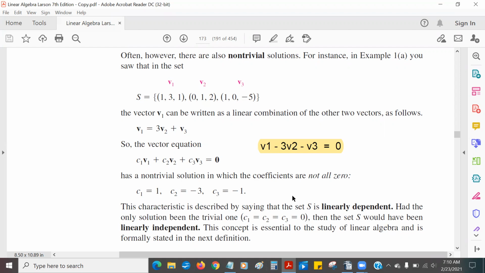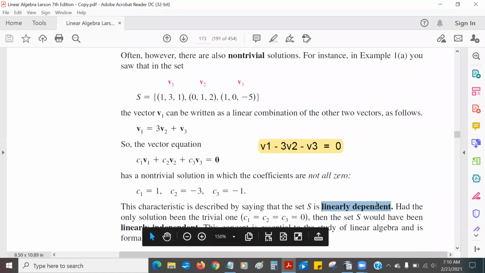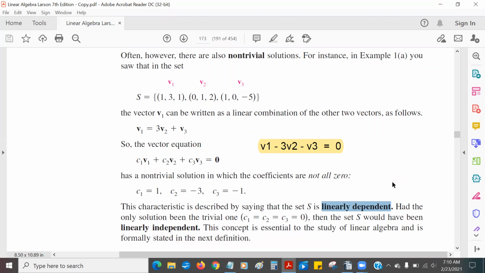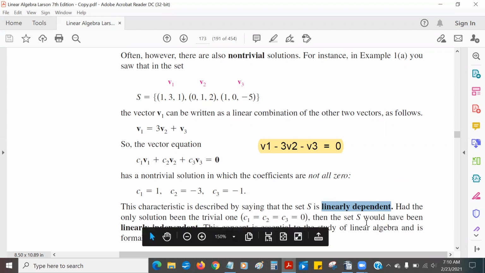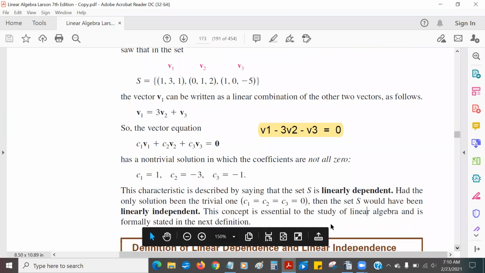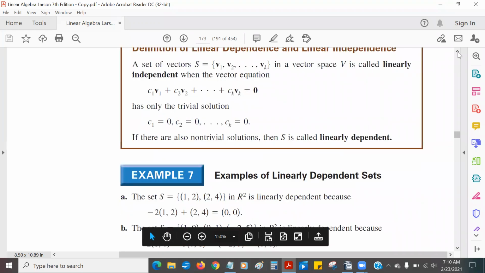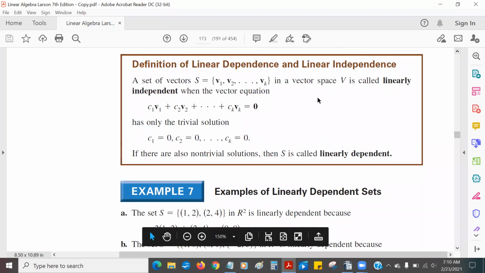Now, when it is possible to find a non-trivial solution, we say that our set is linearly dependent. And if it would be impossible to find a non-trivial solution, then the set would be linearly independent. So let's get the official definition.